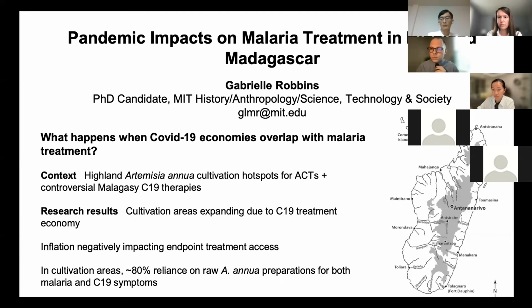Once the pandemic started and the president retooled the Artemisia industry, global exports stopped, I think for at least 2020, but they have restarted again. And now there's this hybrid COVID-19 domestic therapy economy and global export ACT economy happening in tandem.